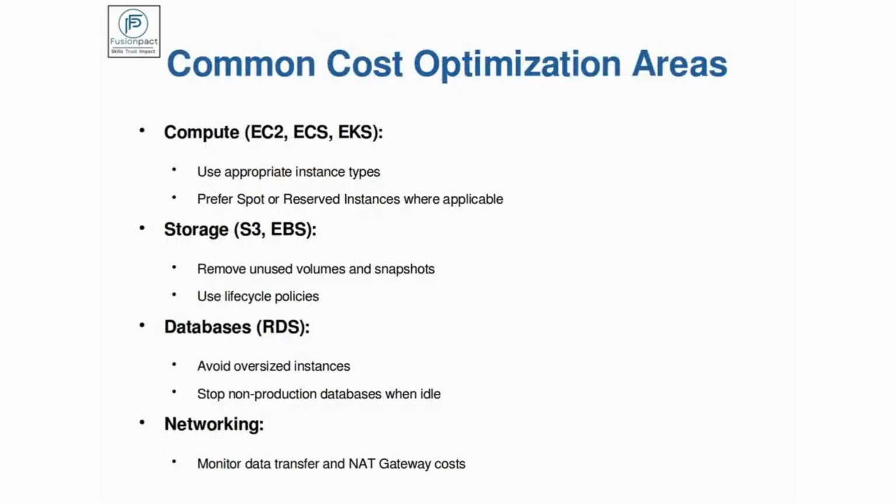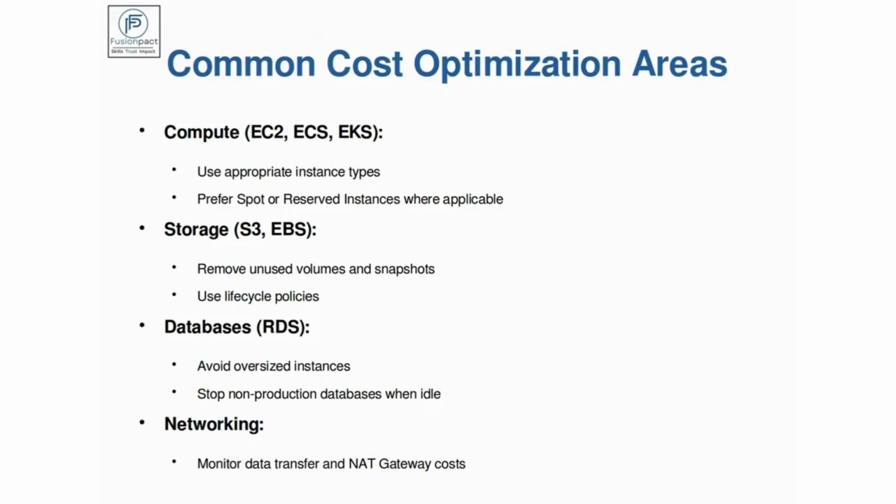So these are some of the cost optimization areas where we can apply it across different resources. The first one is compute. We all know that we have EC2, ECS, Elastic Container Service, and EKS, Elastic Kubernetes Service. First, we can use the appropriate instance type.